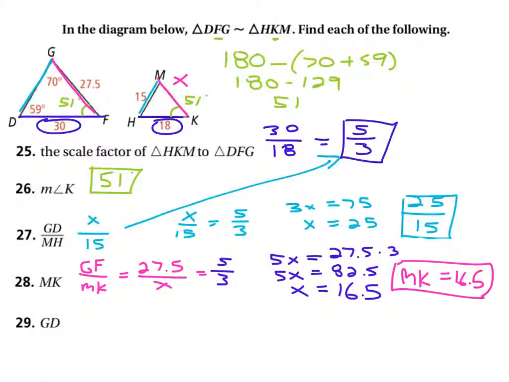So if, when you're looking at the answers, instead of saying 25 over 15, it says 5 over 3, then what they're trying to point out is that that ratio of sides will be the same as the scale factor for all of those ratios of sides. But anyway, we already calculated what GD is, and we figured out it was equal to 25.